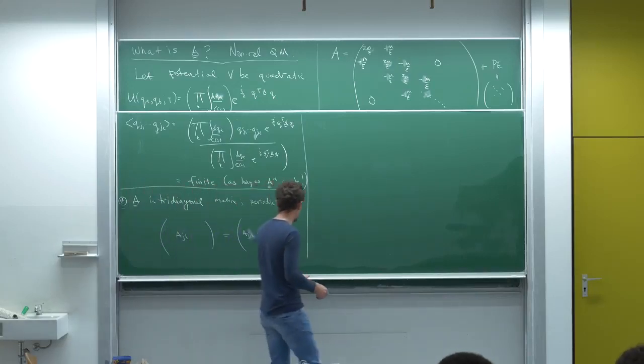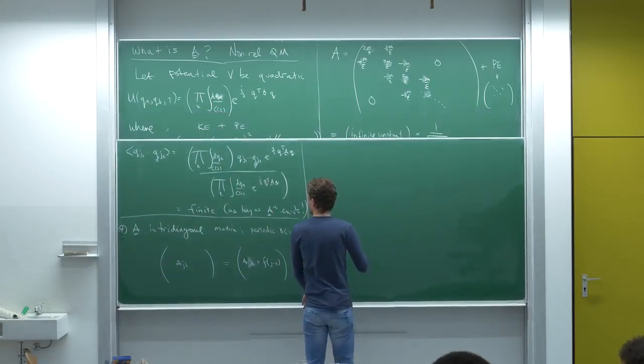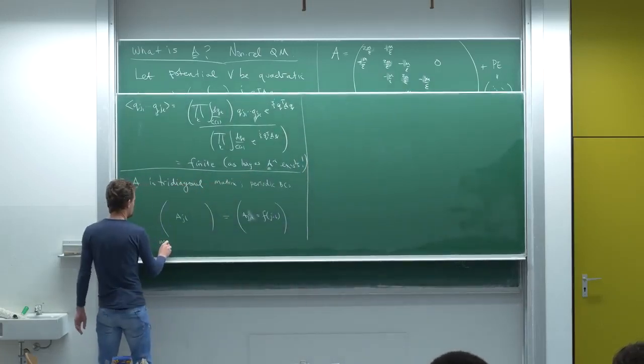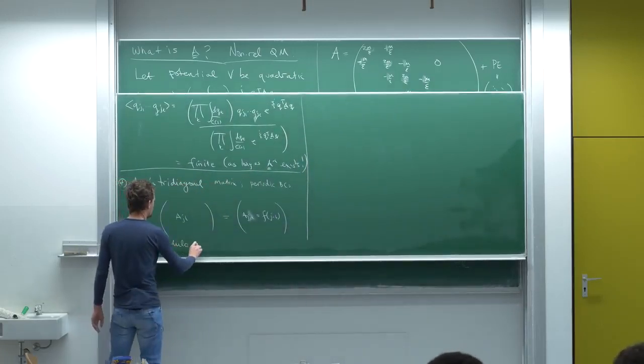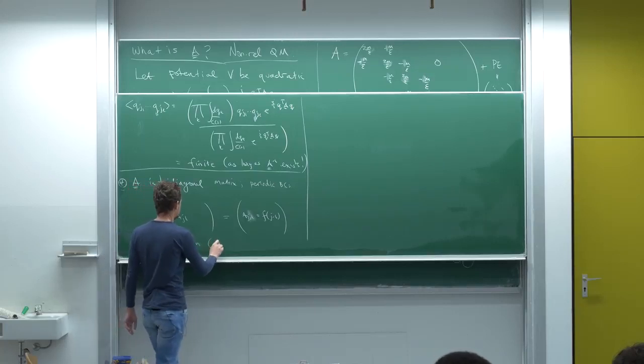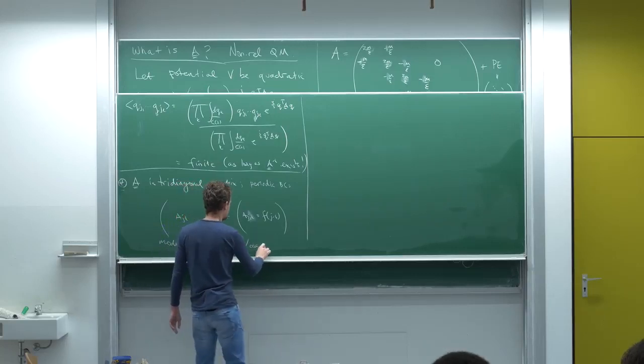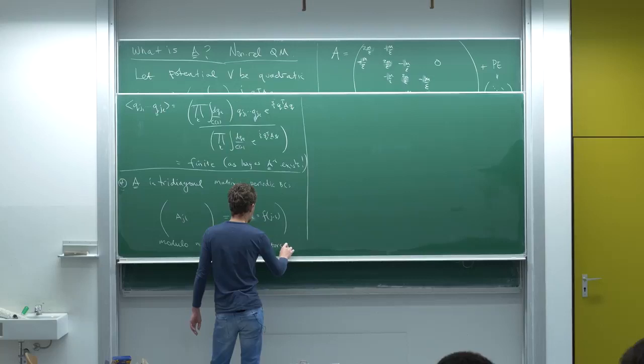Now, any such matrix, modulo n, which is the number of sites or oscillators in the chain.